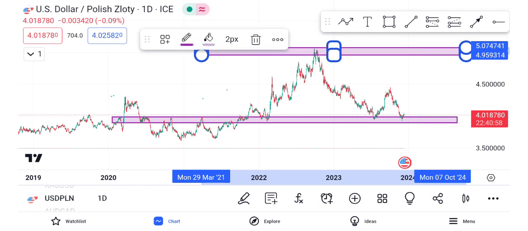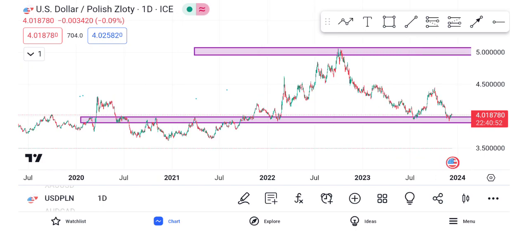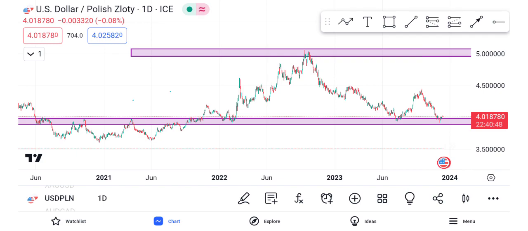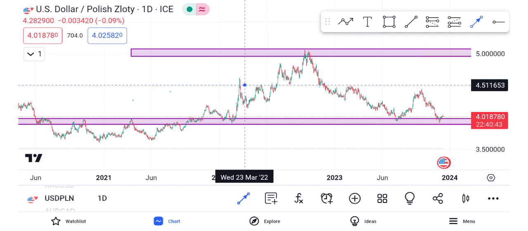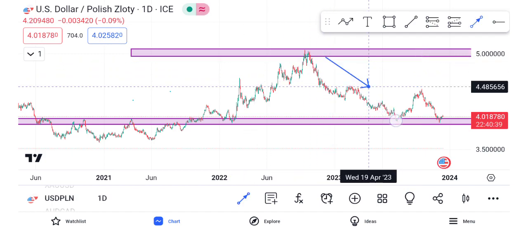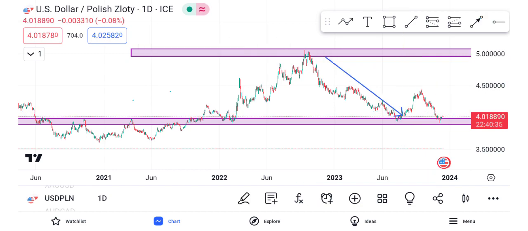The reason why our resistance level is there, I'm going to show you guys. Before the price crashed here, like before the price fell like this, there was a rising channel there. Let me show you guys.